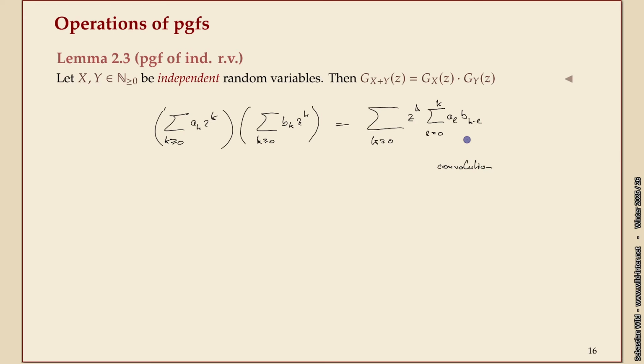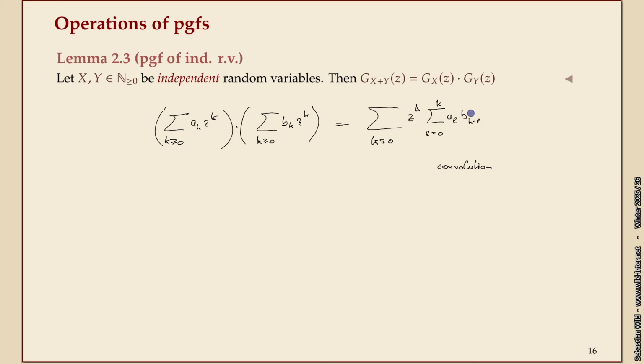In a way, this is just the definition of how you multiply power series anyways. It follows from the usual laws of how we do this for finite cases, and it works just the same if the sums are infinite series. For the probability generating functions, what you get here, a_l and b_(k minus l), that's the probability that X is equal to l, and the probability that Y is equal to k minus l.